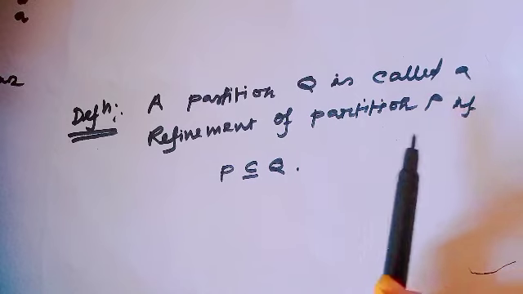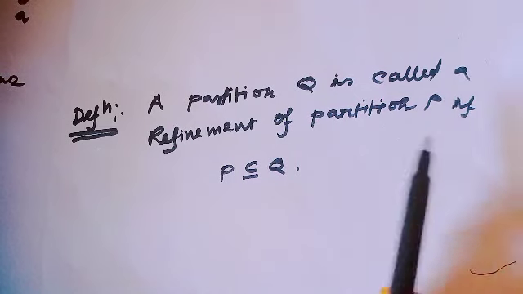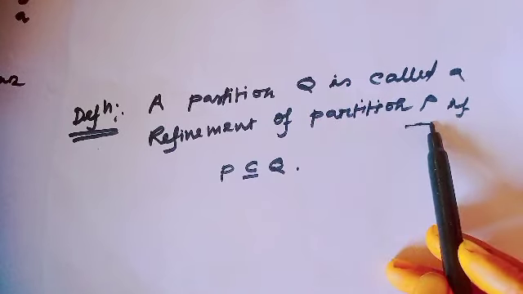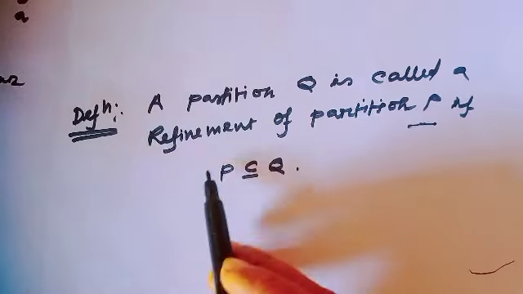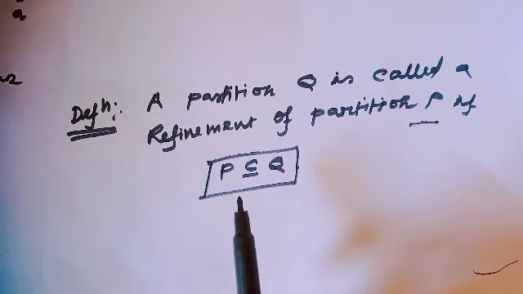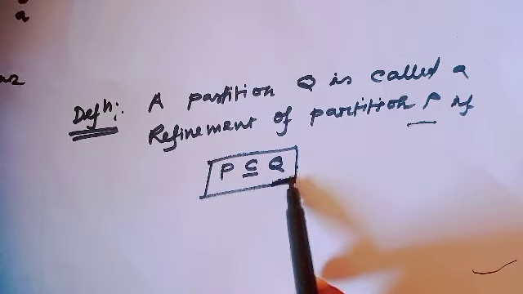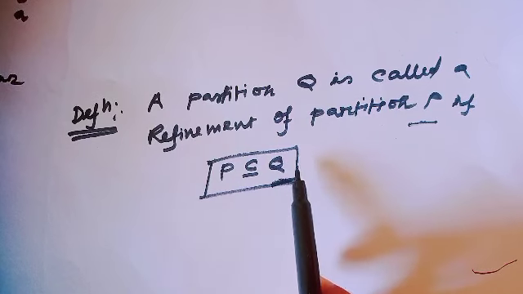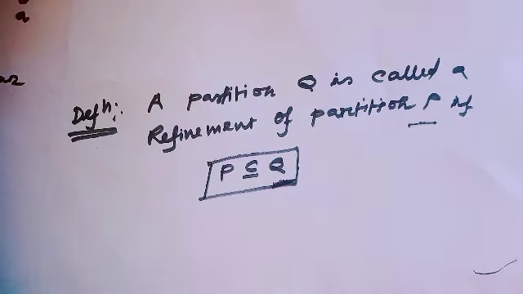A partition Q is called a refinement of a partition P if Q contains P. All the points of P are also points of Q, but in Q maybe more points exist.